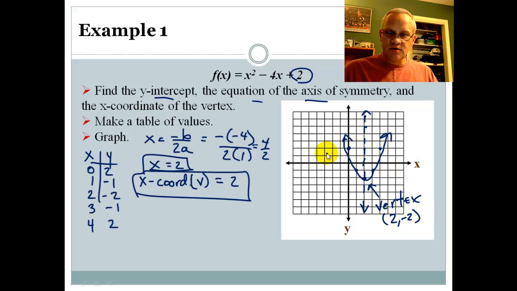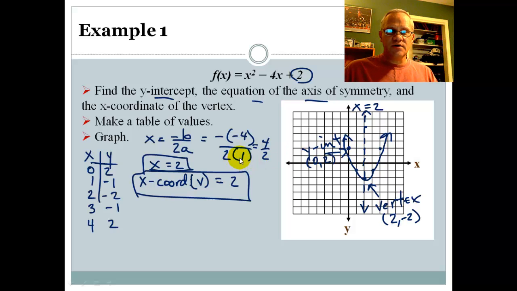And then right here is the y-intercept, which was 0, 2, or you could just call it a y-intercept of 2. And then the axis of symmetry here was x equals 2. So those are some of the important things on that graph.